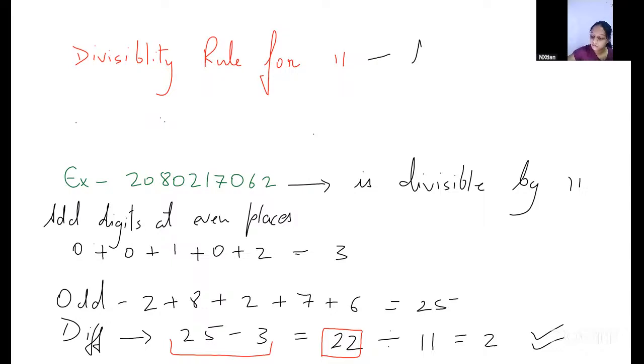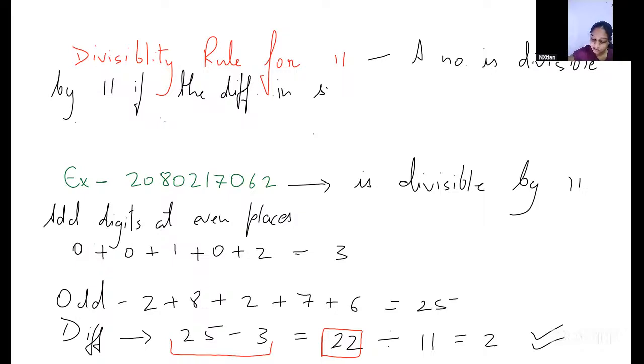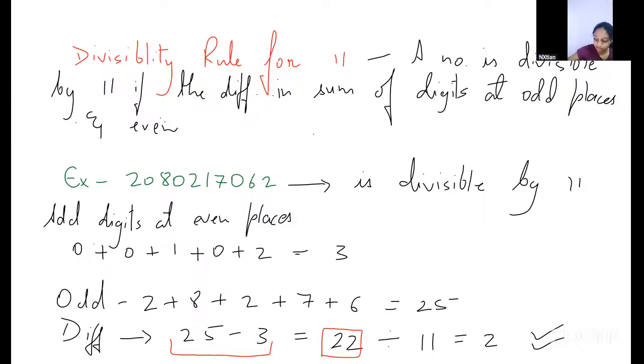A number is divisible by 11 if the difference in the sum of the digits at odd places and the sum of digits at even places is either 0 or divisible by 11.